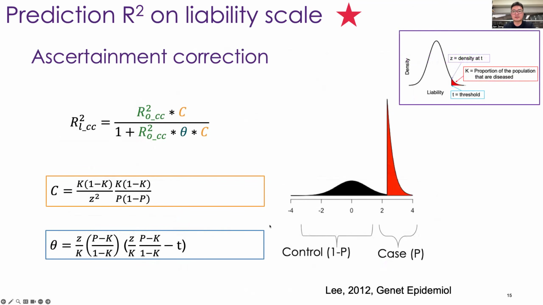So this slide shows the formula to correct for the case control ascertainment. It's also explained by this Li et al. paper. Although the formula looks complicated, the key message is simple. Correcting for ascertainment is essential for valid interpretation of disease risk prediction.